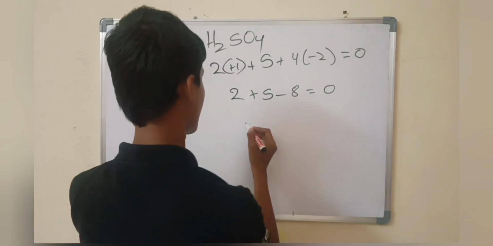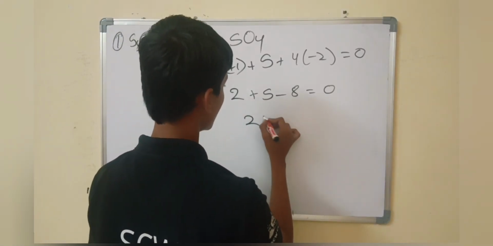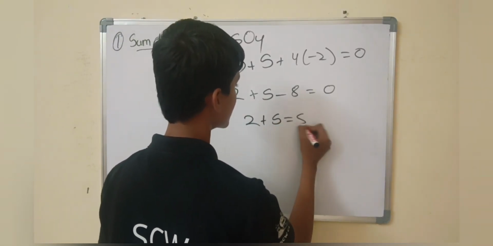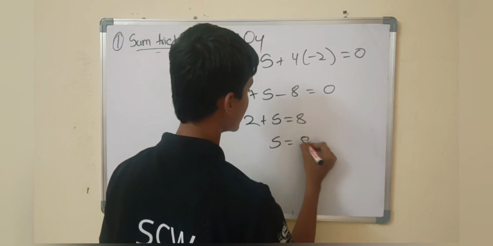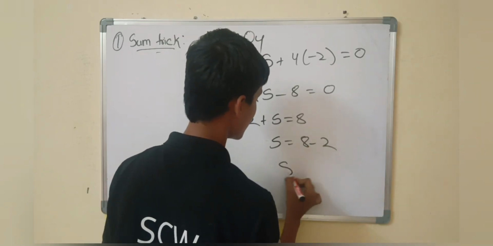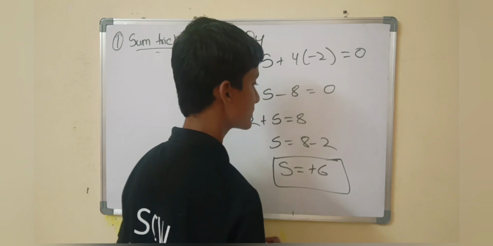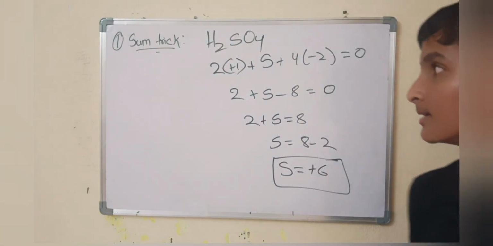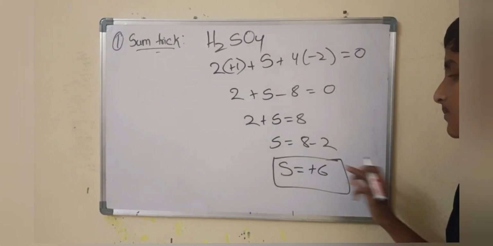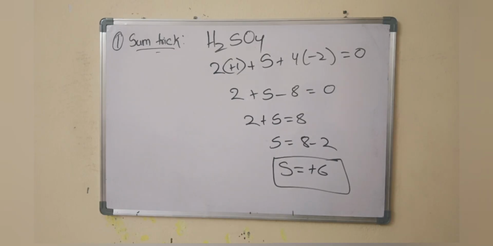Now, 2 plus S is equal to 8. S is equal to 8 minus 2. S is equal to +6. Clear? The oxidation number of sulfur in H2SO4 is +6. Clear?